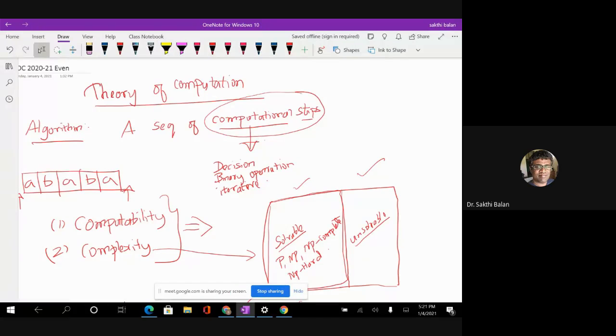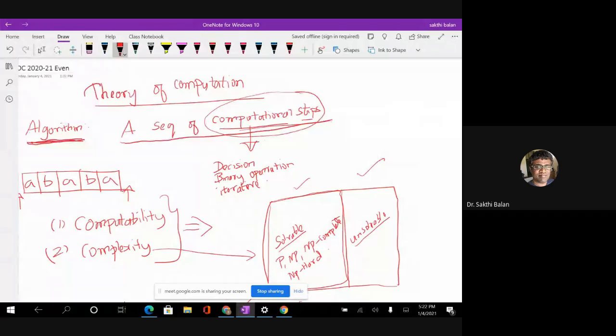So let me start with, what do you mean by an algorithm? You will be going through design and analysis of algorithms side by side, I think. If the algorithm is going to be defined, we will get a prefix like this: a sequence of computational steps.